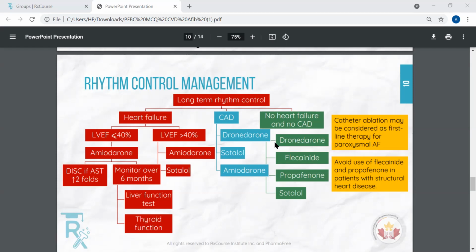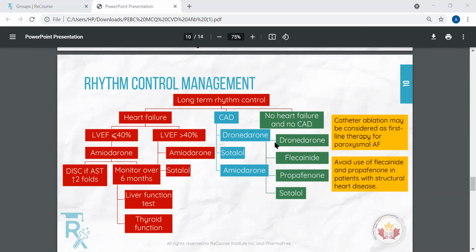These criteria are, first, if the patient is highly symptomatic, or has multiple recurrences, or if the atrial fibrillation has extreme burden or extreme impairment of the patient's quality of life, or if the patient has arrhythmia-induced cardiomyopathy, where the cells of the heart itself start to get affected due to the arrhythmia. In that case, I will have to consider rhythm control.